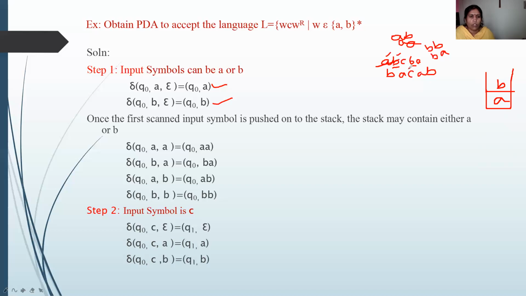Now C is there. In Q0, input is C, top of the stack is B. Just change the state to Q1, and the stack B stays as it is.